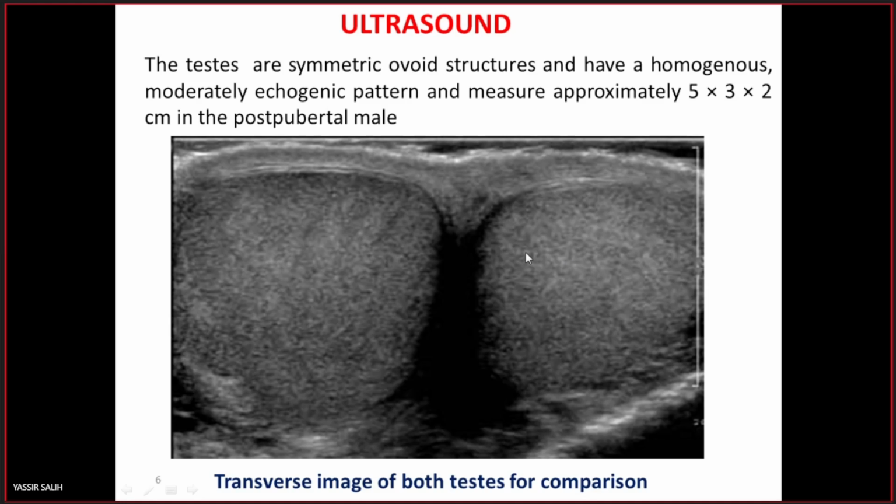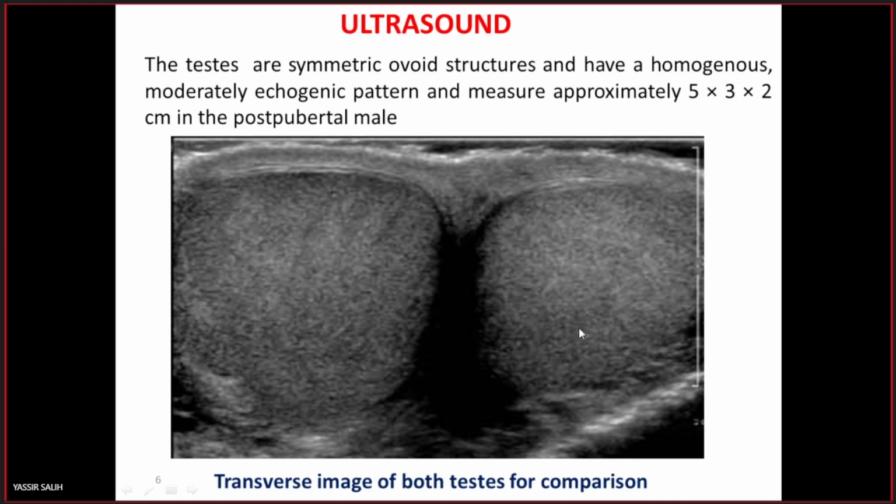Echogenic means bright, more bright. The size of these testes is 2/3/5 in the adult patient.